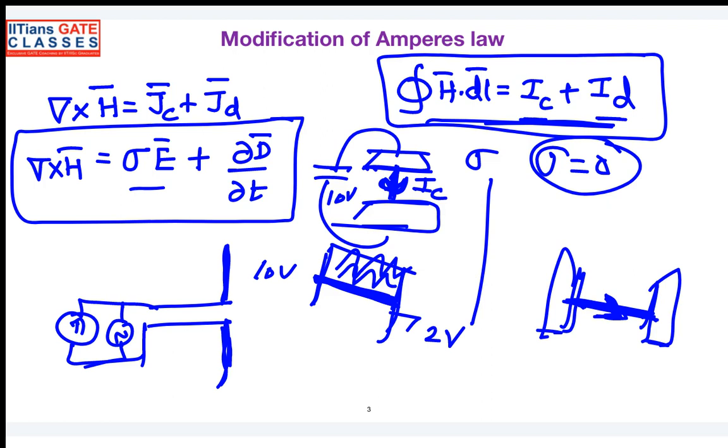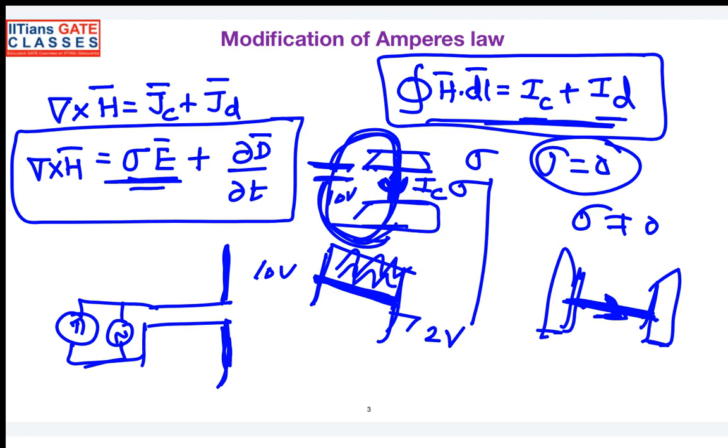They will have a conductivity which is not exactly zero, but close to zero. You got my point? Because of that conductivity, even if you apply a DC voltage, there will be a current flow. So that current can also be called a conduction current.